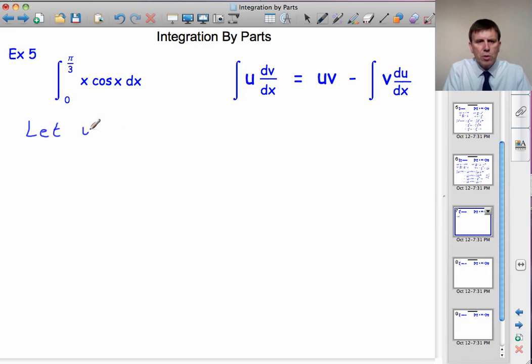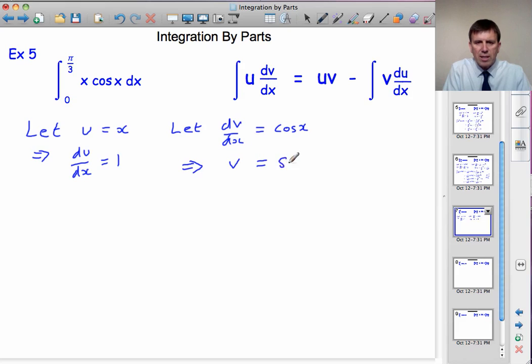So let u equal x, and that implies that du by dx is equal to 1. Let dv by dx equal cos x, which implies that v is the integral of cos x, which is sin x.